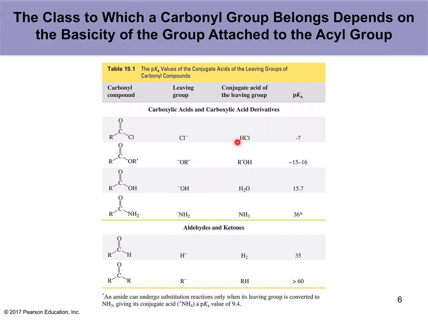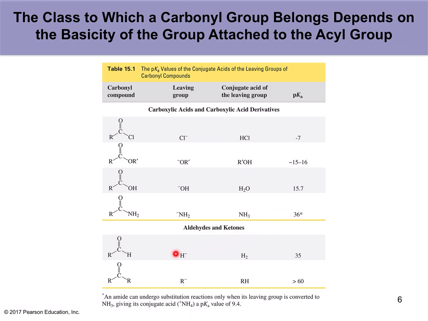And here are the conjugate acids of the leaving groups: hydrochloric acid, an alcohol, water, and ammonia. Now if you look at the pKa's of these conjugate acids, the pKa of hydrochloric acid is -7, alcohol about 15 to 16, water 15.7, ammonia 36.